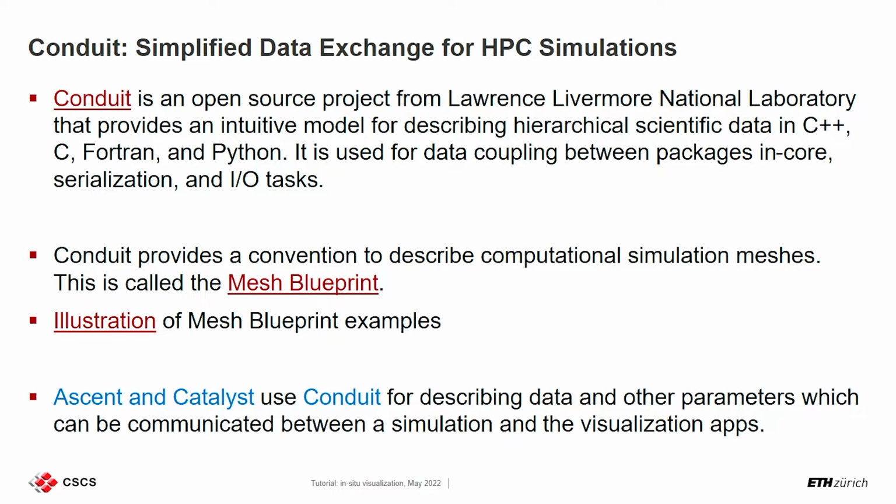Same thing with Conduit. We're going to have the mesh blueprint, and the mesh blueprint is going to say, if I respect this blueprint, I can produce a description on machine A and consume it on machine B with software XYZ, and it will all work.